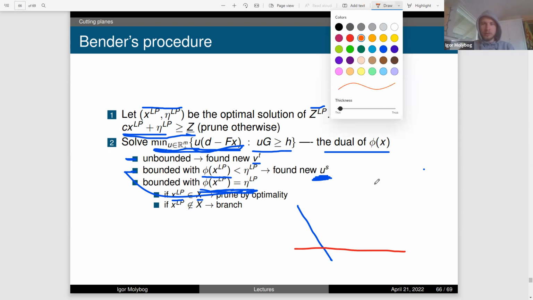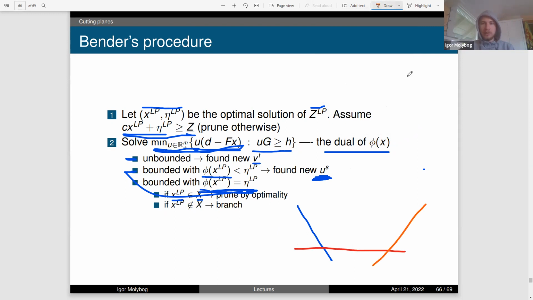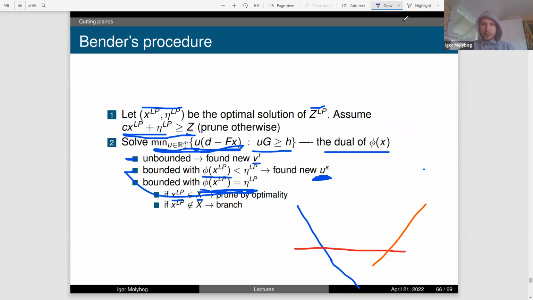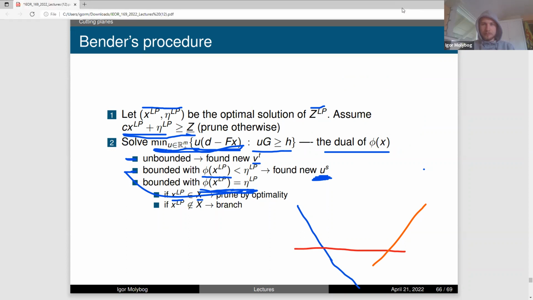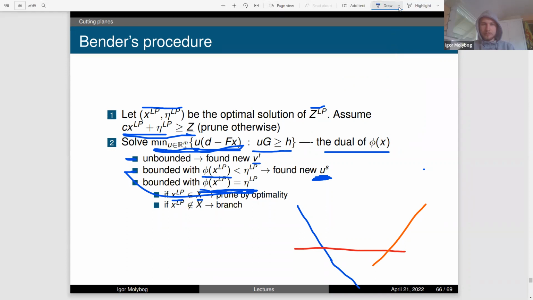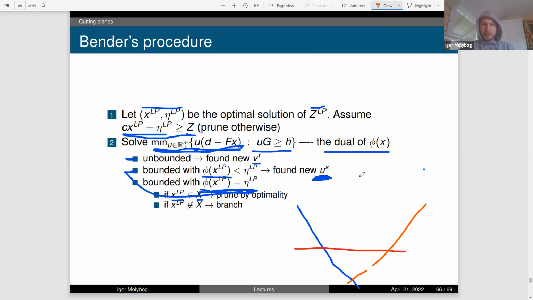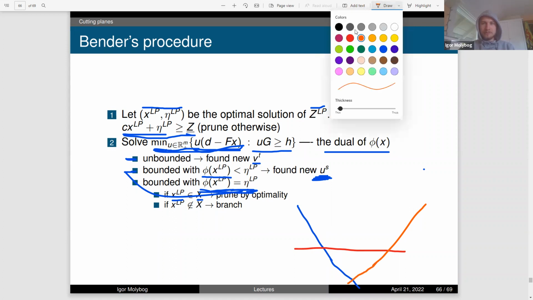We are considering inequalities that define the set U, right? And let's continue this until the intersection between the two. Okay, like that.